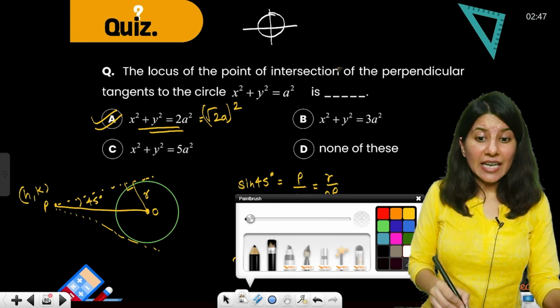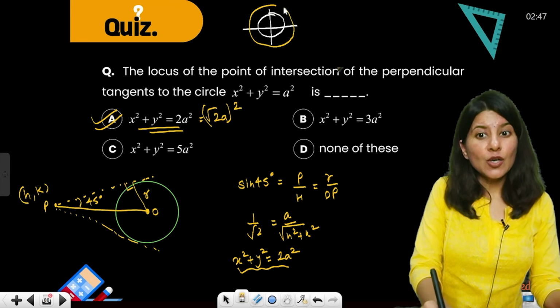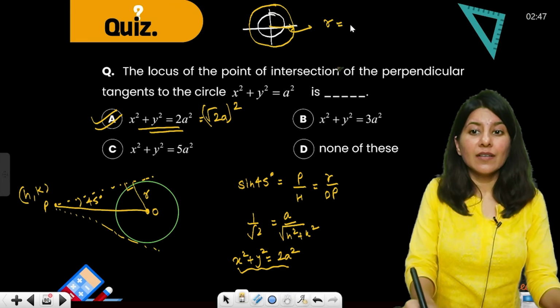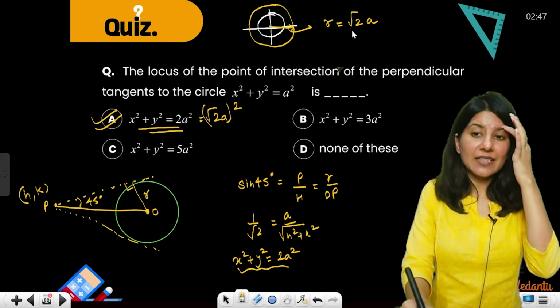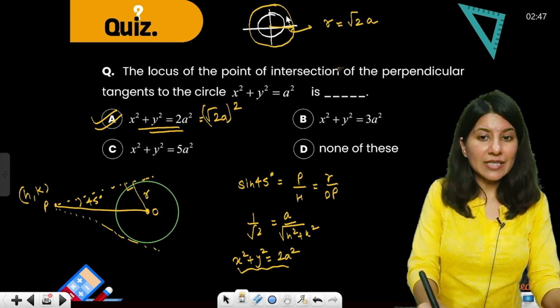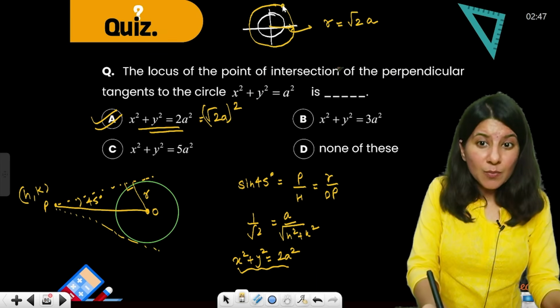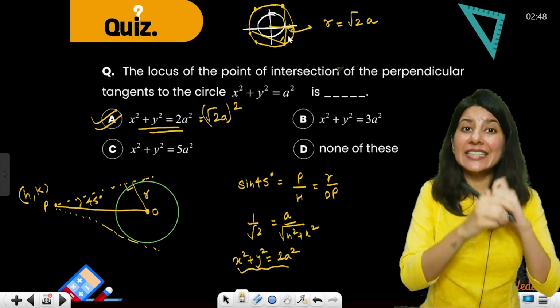Now if you take a concentric circle whose radius is root 2 times the original radius, and take any point on this circle and draw a pair of tangents, the angle between those two tangents will be 90 degree.